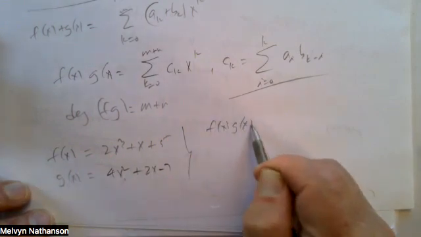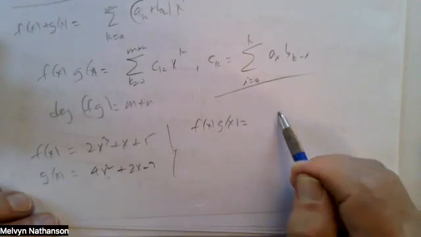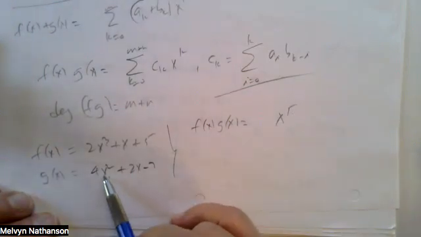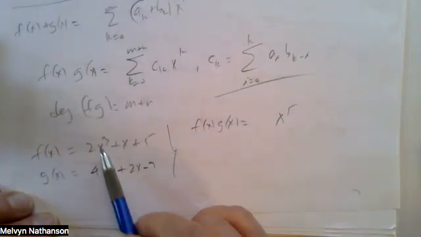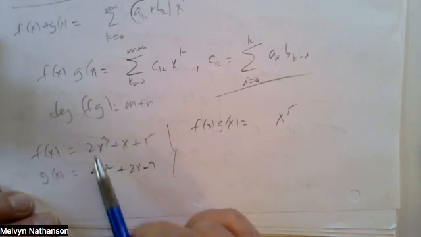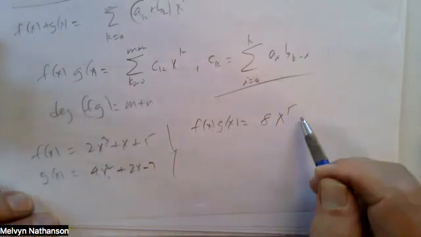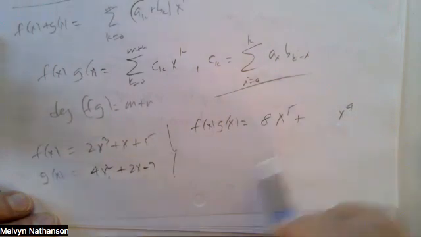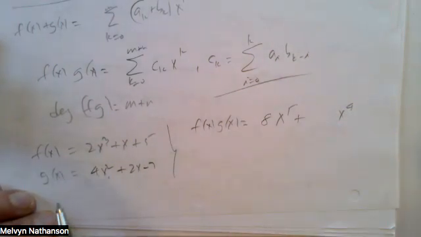So f of x times g of x, when you multiply it, you'll get x to the 5th. That's the highest power you're going to get. 2 times 4 is 8. You're going to get a coefficient of x to the 4th. When do you get an x to the 4th? I have 2x cubed times 2x. That's 4x to the 4th. That's the only time.